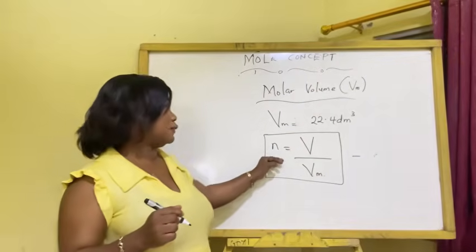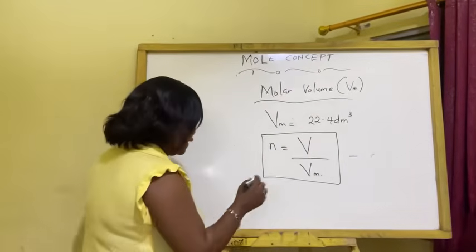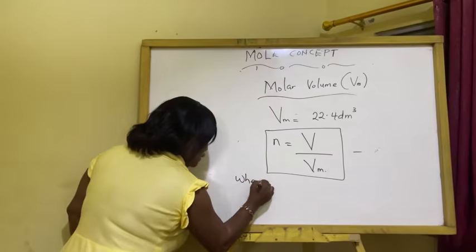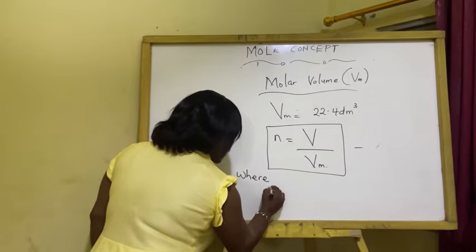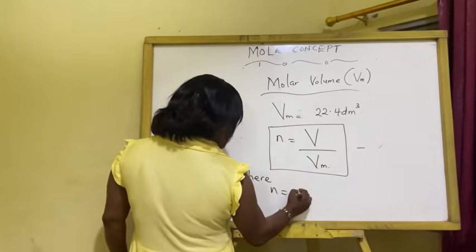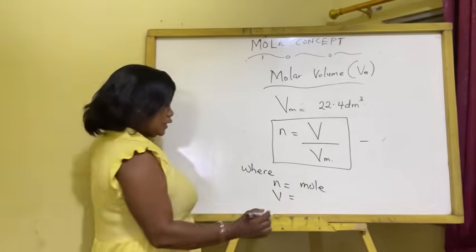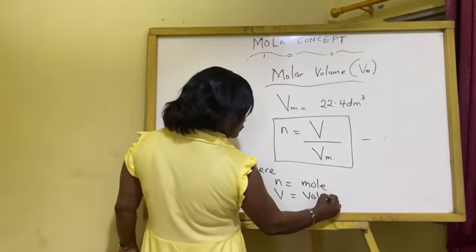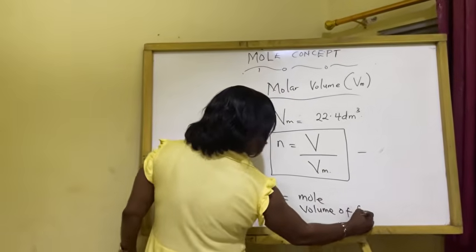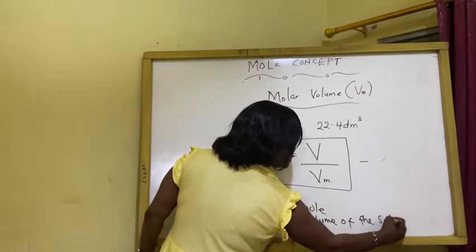So the amount of substance and the V. Let's bring these out. So n, as we know already, is the mole or the amount of substance. V is the volume of the substance.